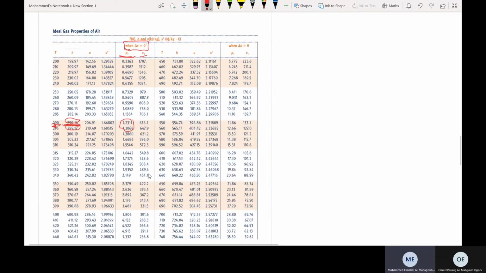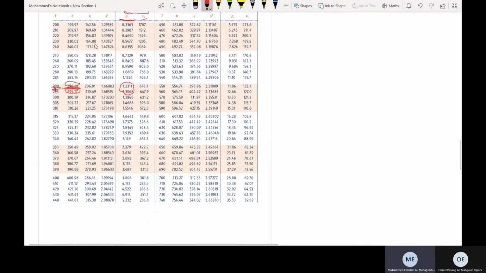Go check again in the table where this relative pressure lies. It's not here, we cannot find 12 here. We find 12.7 in between those two values. So temperature 2 is between 560 and 570. We don't need the temperature exactly. We need the H's, because this is the standard air assumption again.